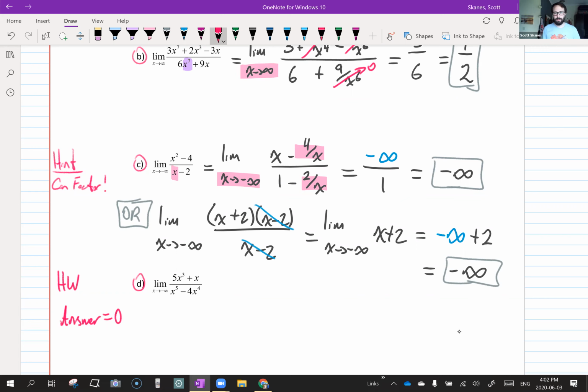Okay, so you're saying, why didn't we switch it with 0? Remember that we're approaching negative infinity here. Is that what you're talking about, or are we missing something?